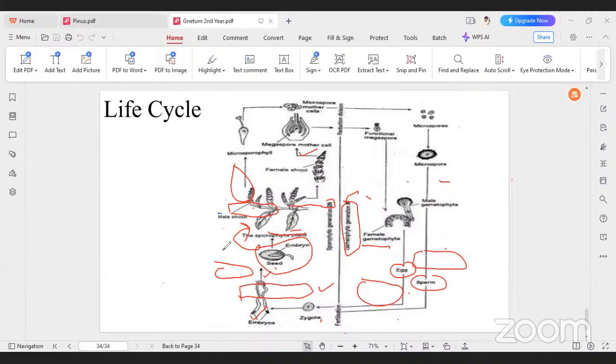Any doubt in Pinus and Gnetum? No, sir. Clear? Yes. All classes completed, I think. Any doubt in second semester? Are you attending practical training classes? Yes, sir. Right. In the practical training classes, most of the points are completed about bryophyta, pteridophyta and gymnosperms.